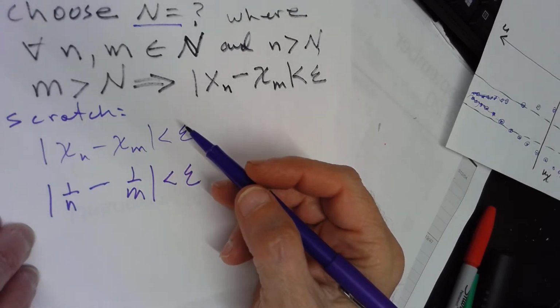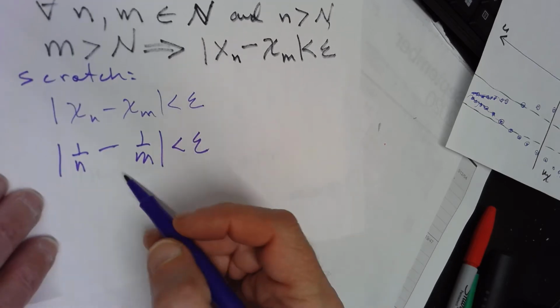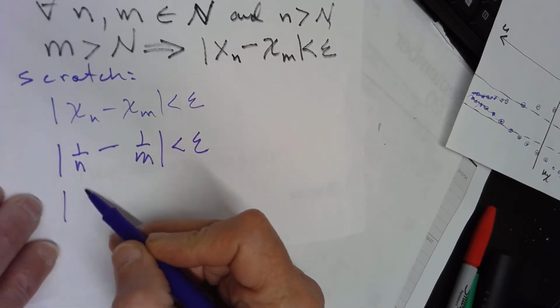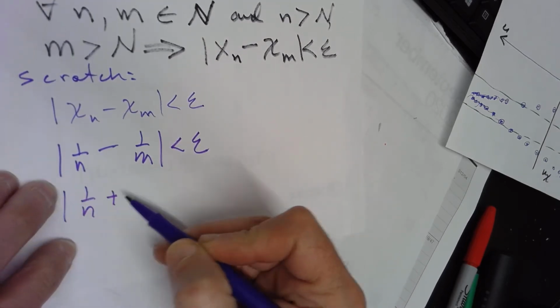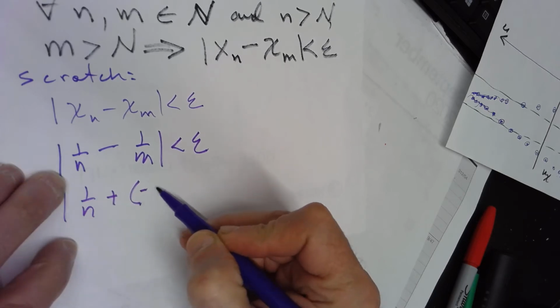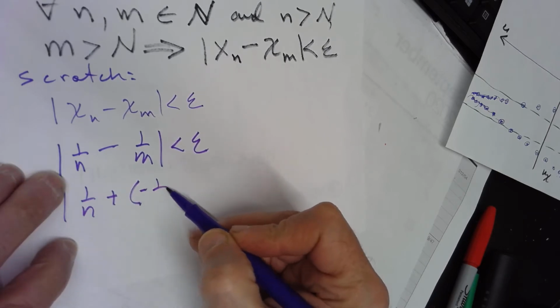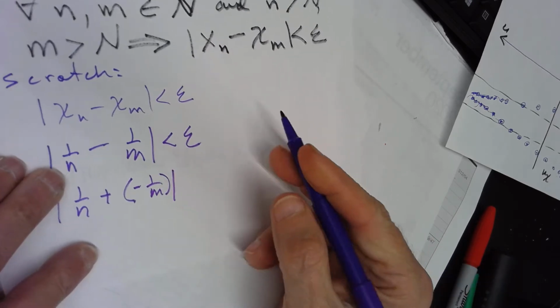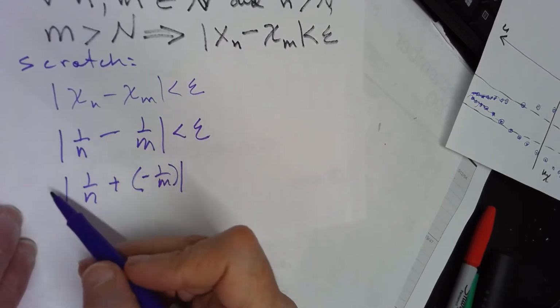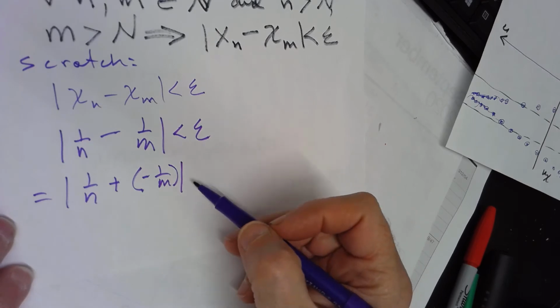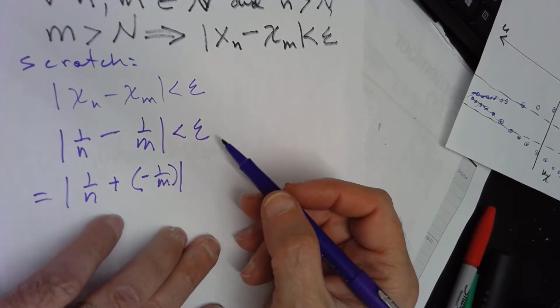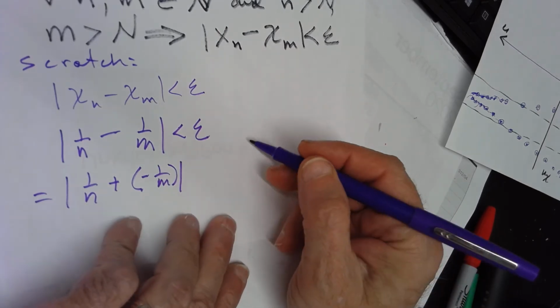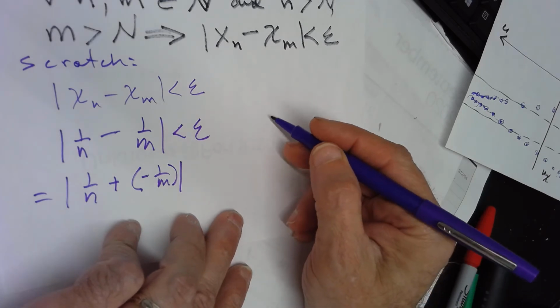Okay, so now we can change this to 1 over n plus the quantity negative 1 over m. And from here we can go ahead and use the triangle inequality.